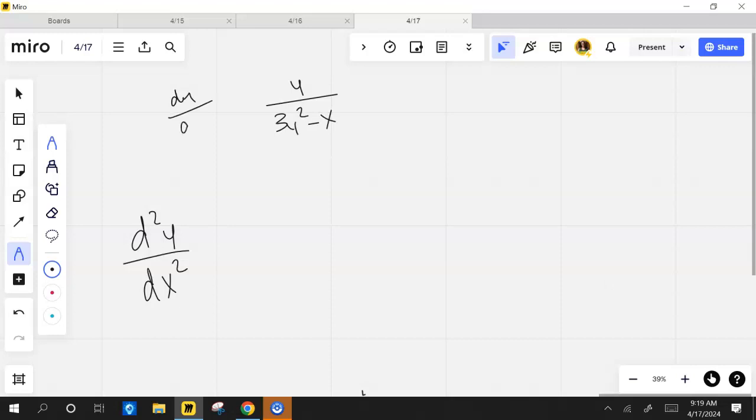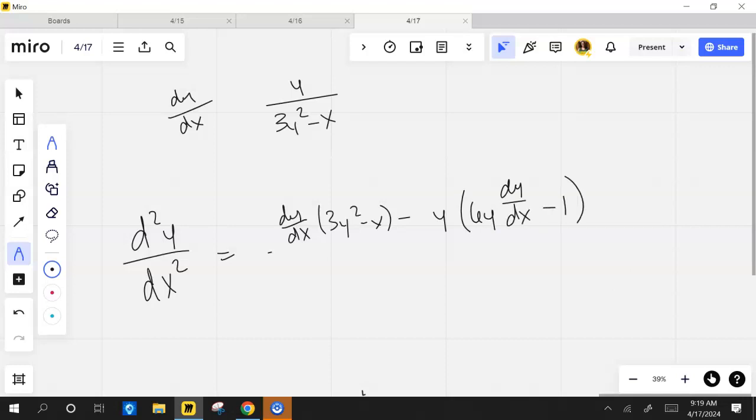Here's the first. I had to use the quotient rule here. So I did derivative of the top times the bottom minus the top times derivative of the bottom. And at this point I went, they have lost their ever-loving minds if they think I'm going back at this point.